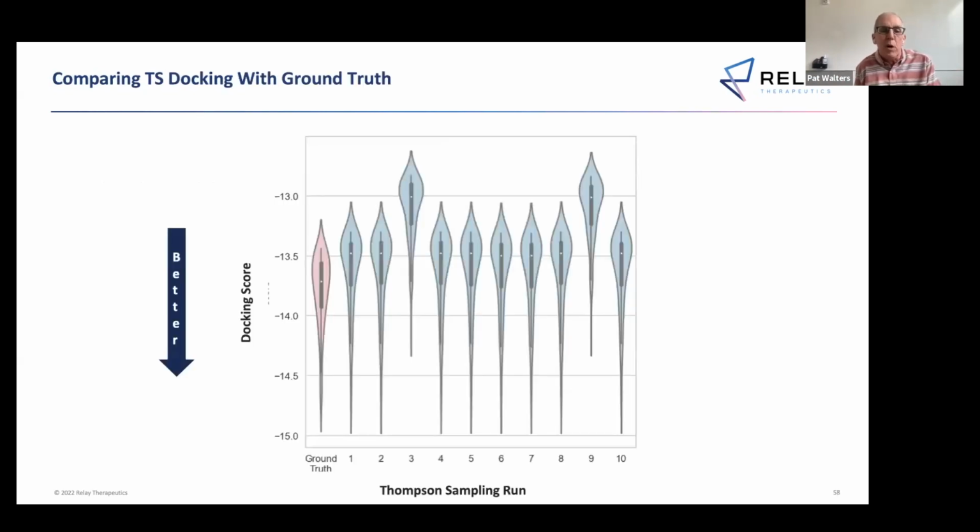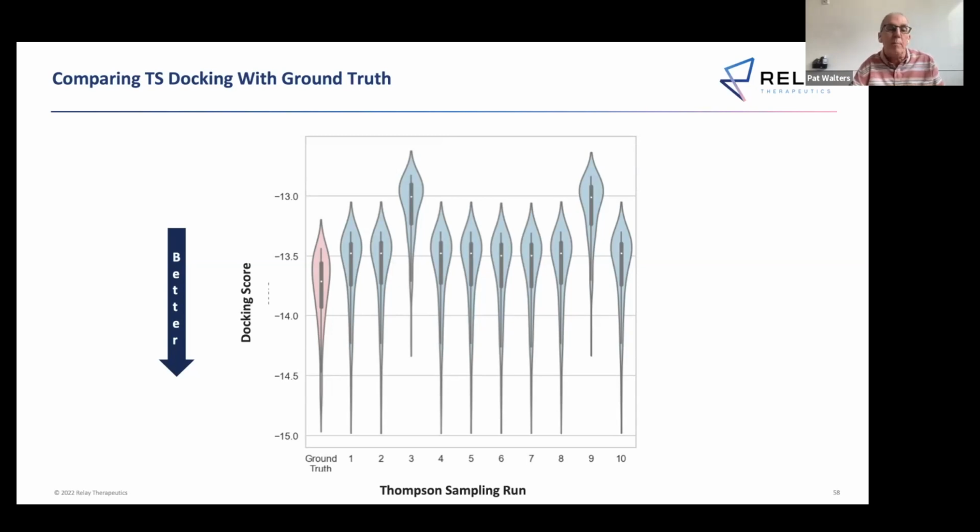What you can see over on the left of this plot in pink, that's the ground truth. That's from doing the brute force docking. Then what we have in blue is 10 different Thompson sampling runs. And you can see that from these 10 different runs, in 8 out of 10, we found the best molecules.